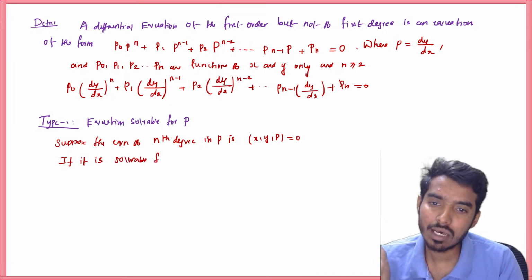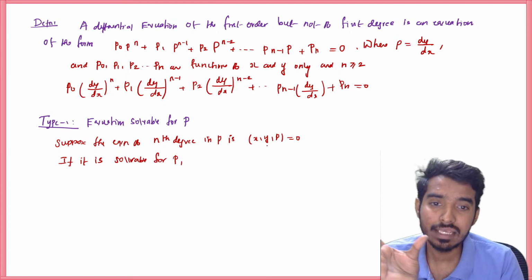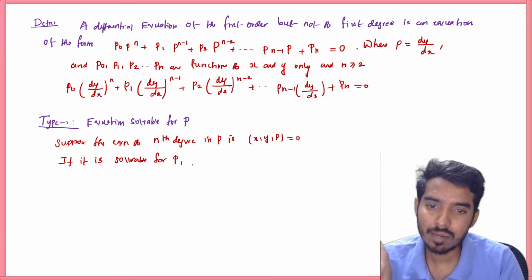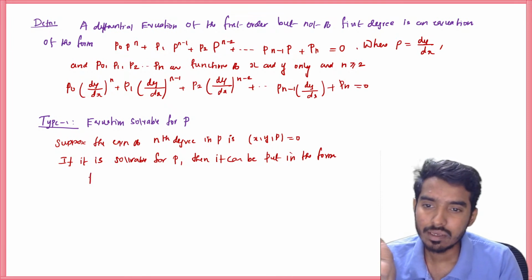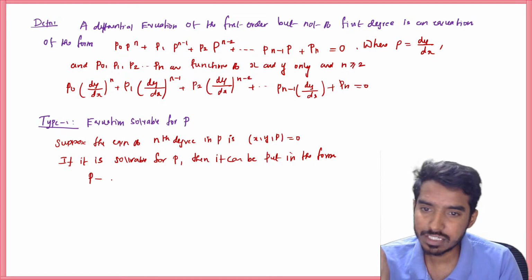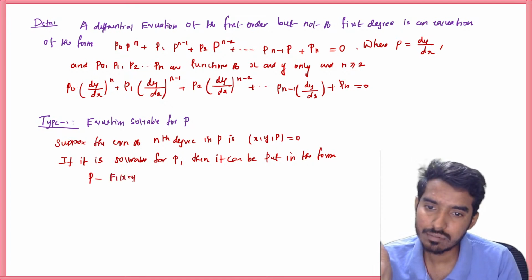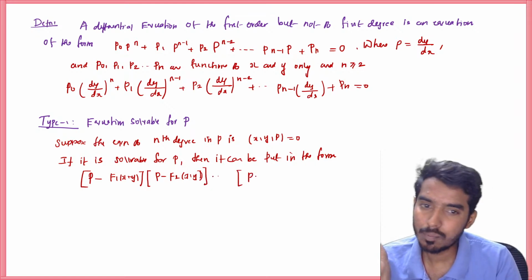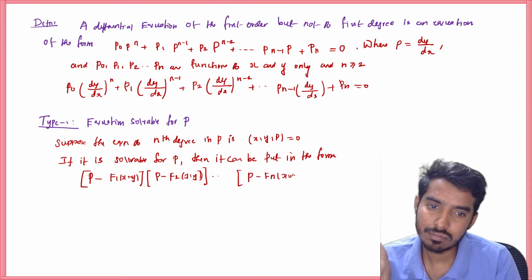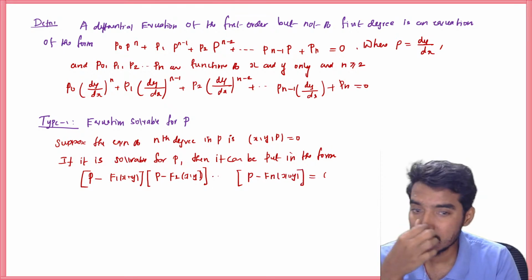If it is solvable for p, then that equation can be put in the form p minus some function of x y into p minus some function of x y, and so on up to p minus some fn of x comma y is equal to 0, right?